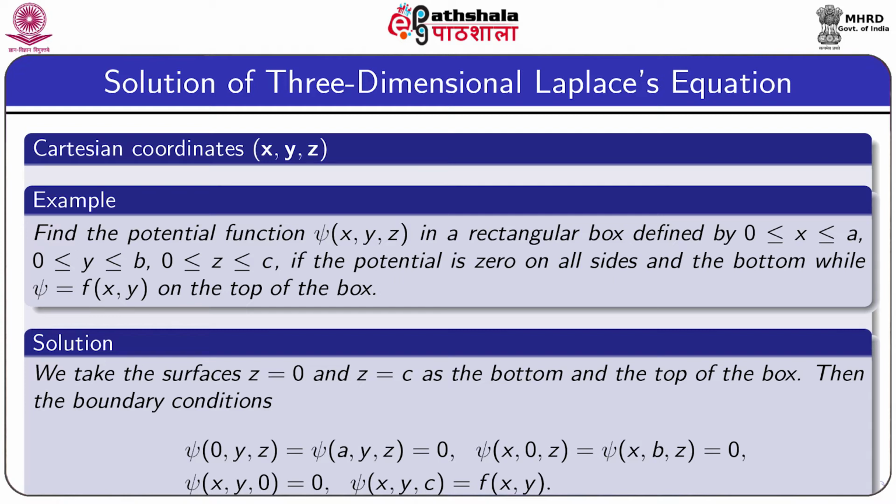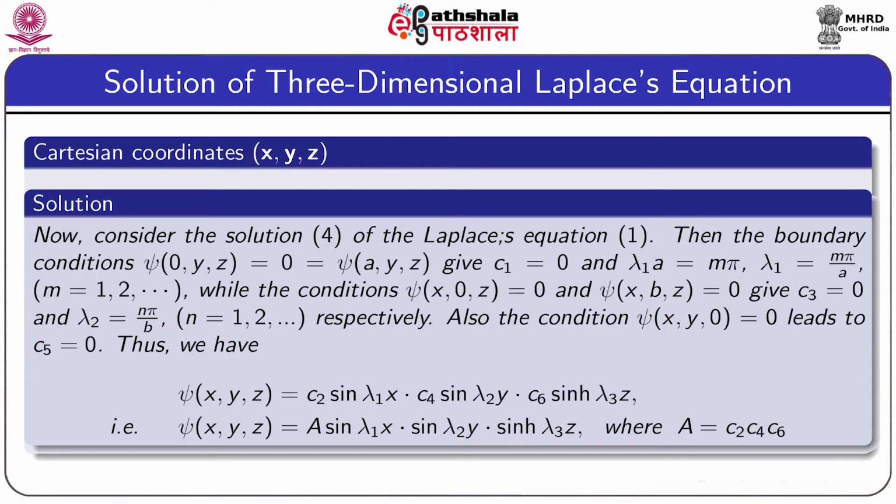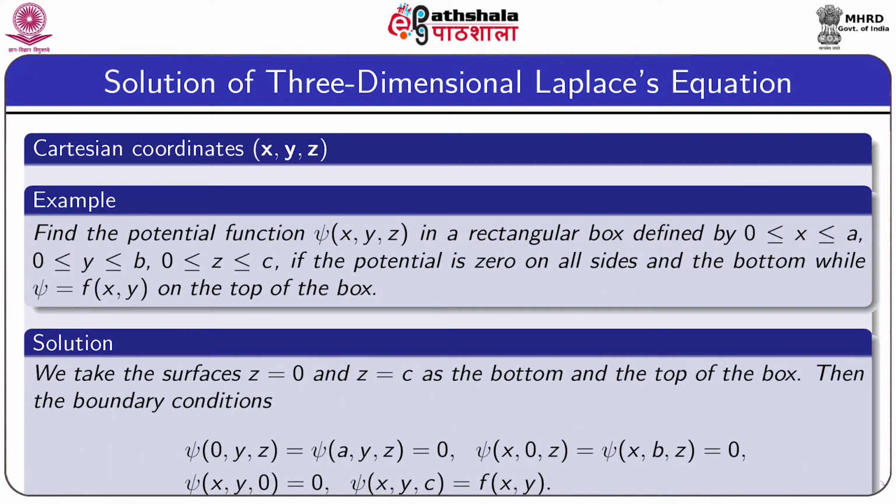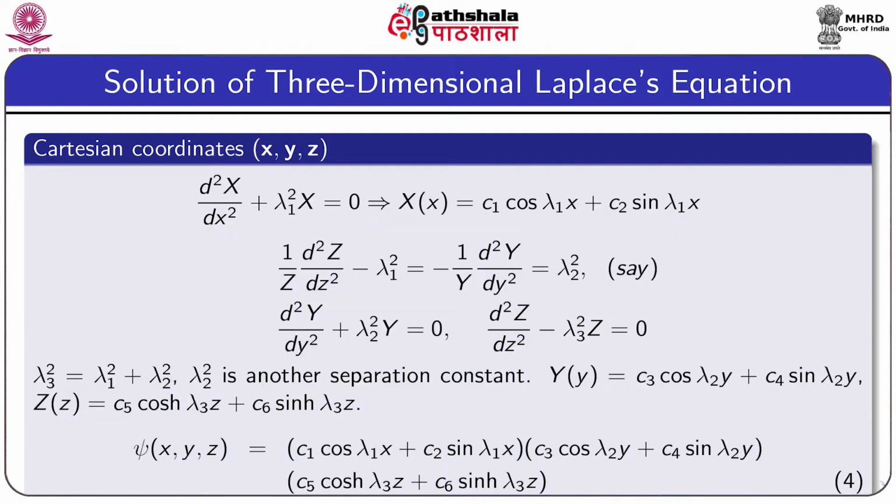Now, we are going to solve this problem together with the supplied boundary conditions. We have already derived the solution of the Laplace equation in Cartesian form, which is written in equation number 4. Now, if we apply the boundary condition psi at x equals 0, equation number 4 reduces to C1.